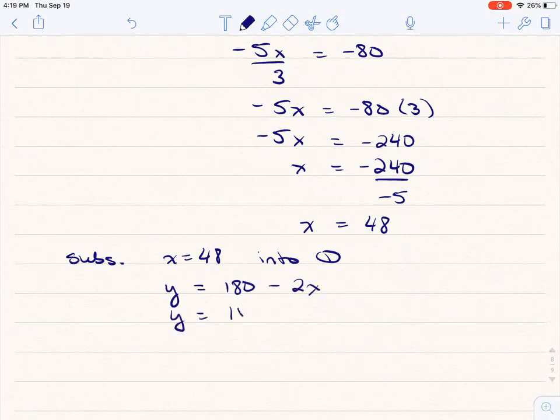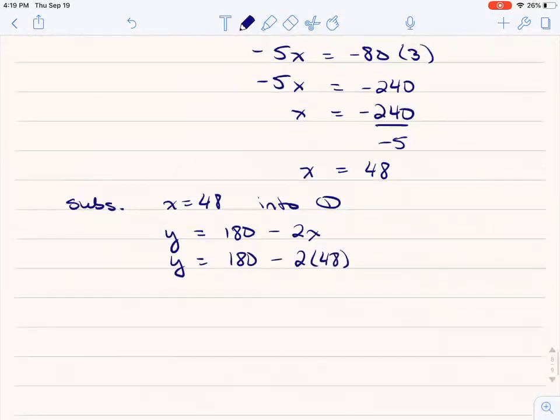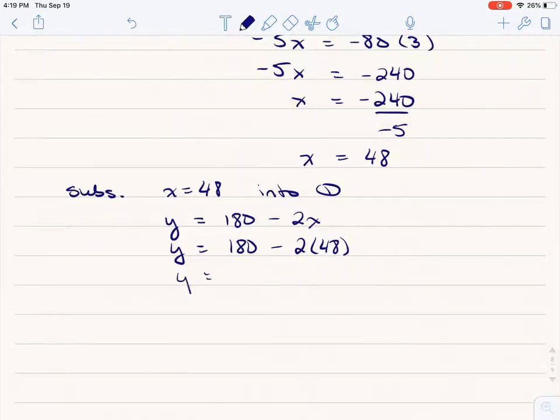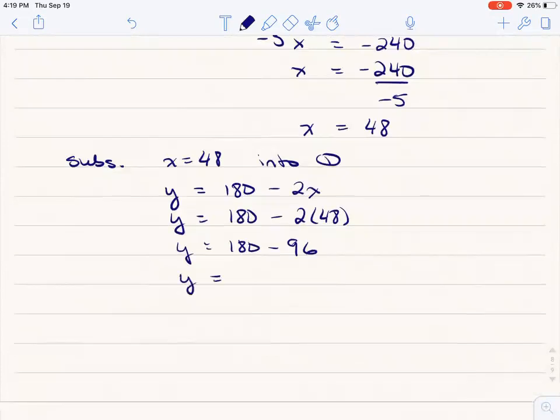So y must be 180 minus 2 times 48. 180 minus 96. So y must be 84.